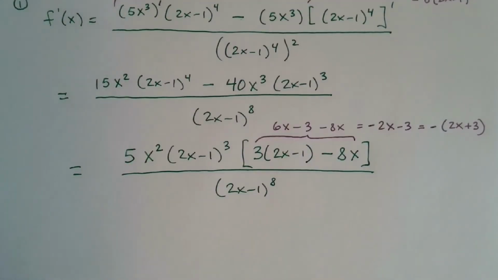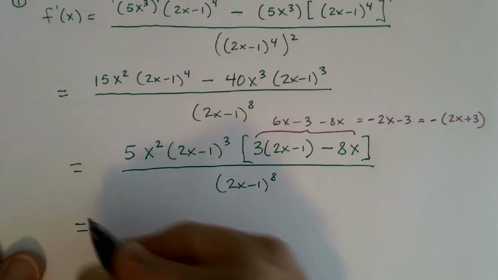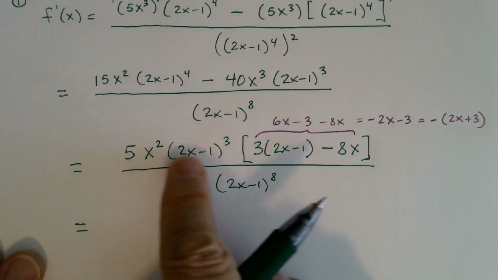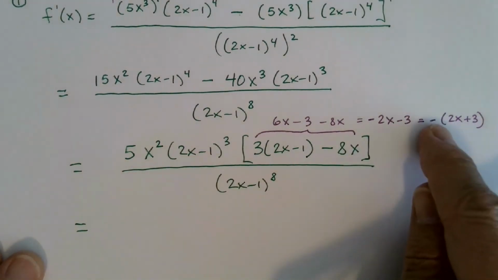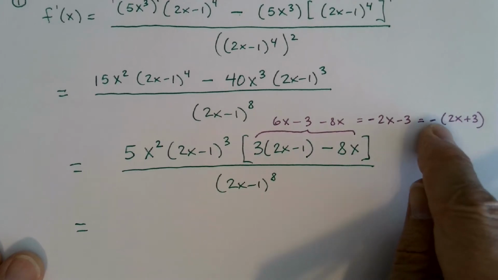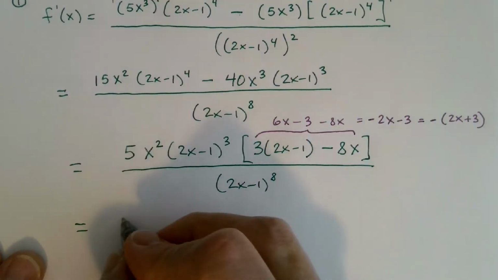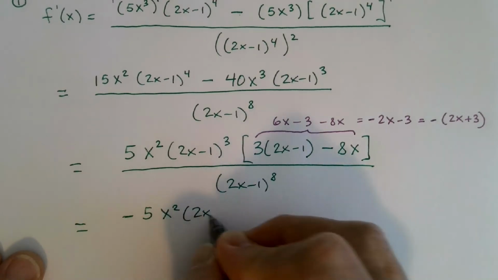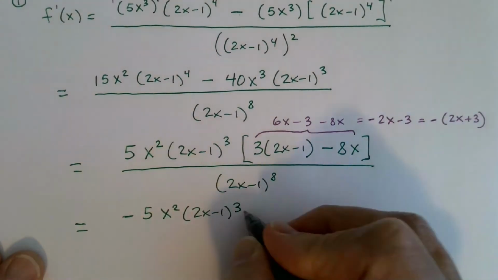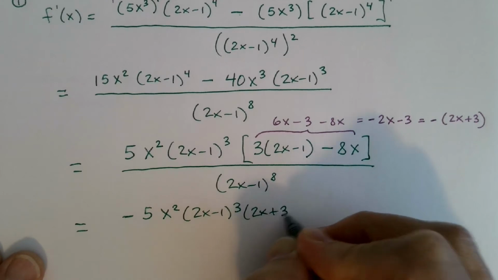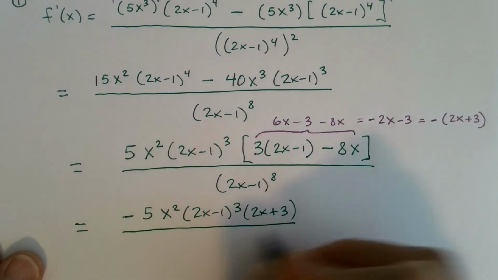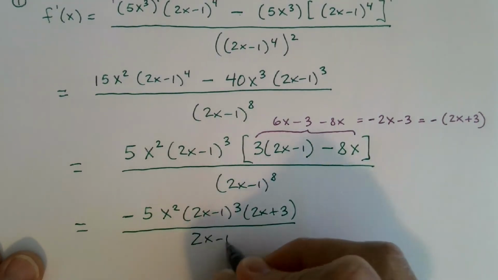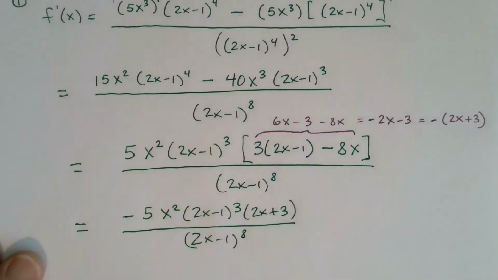And so if I rewrite this, I have 5x squared, 2x minus 1 cubed times negative 2x plus 3. I'm going to pull that negative out in front. So it's negative 5x squared, 2x minus 1 cubed times 2x plus 3, all over 2x minus 1 to the 8th.